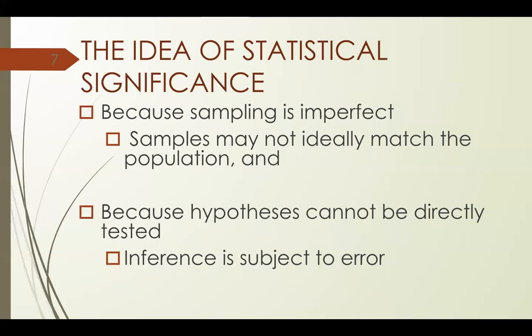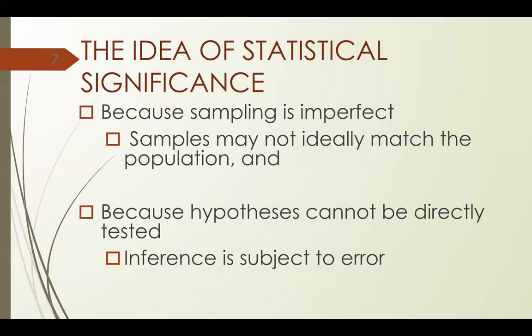So I mentioned several times about statistical significance. You may be wondering why there is such a phrase called statistical significance. The idea is that sampling is always imperfect. That means the sample may not ideally match the population parameters.